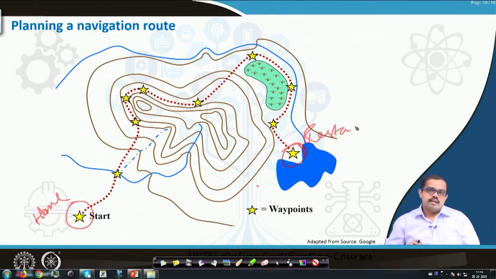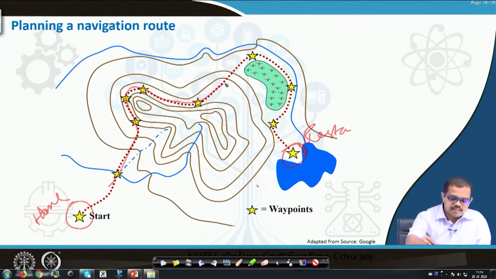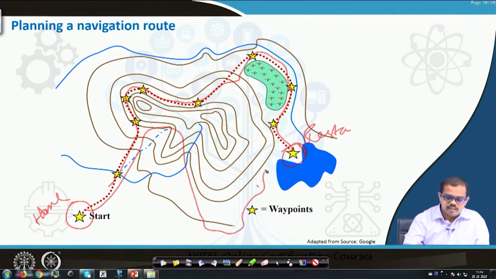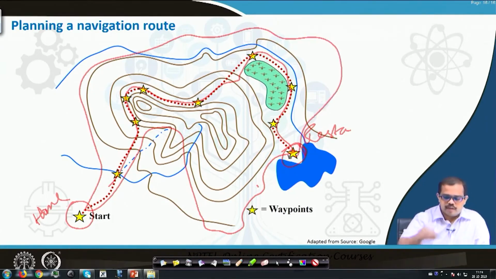Now, with the database that is built into the GPS system, GPS knows that this is the path that is taken to reach this one. It also knows that this is another path that may be taken, and there is one more path through which this can be reached.